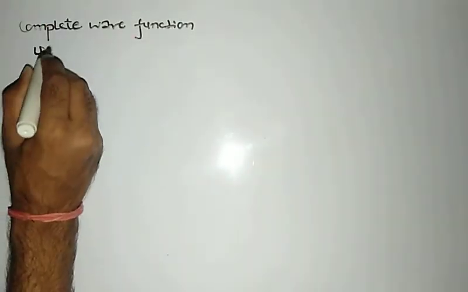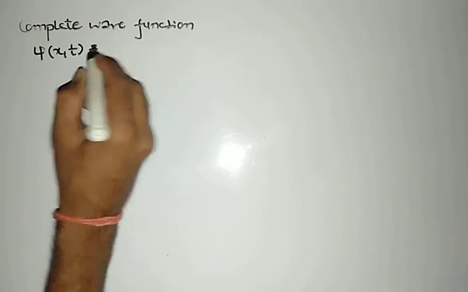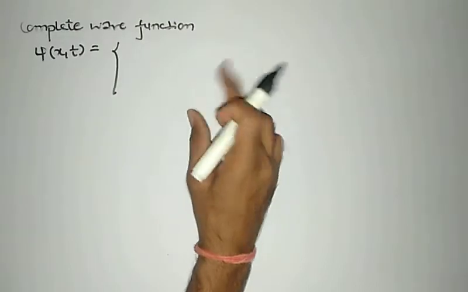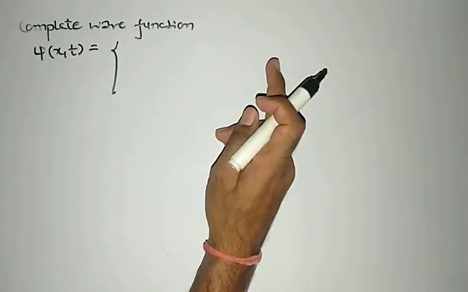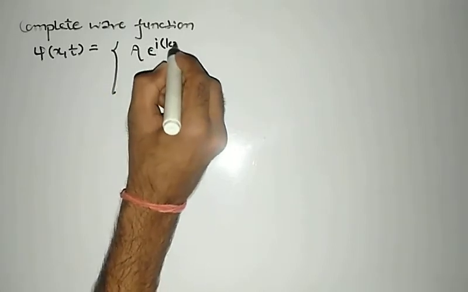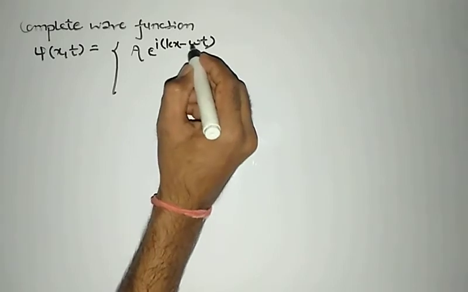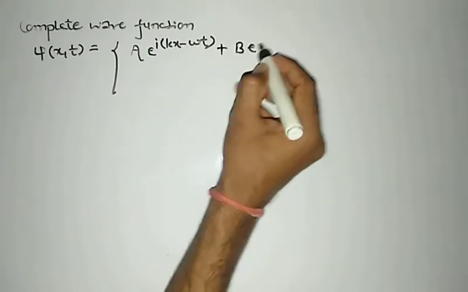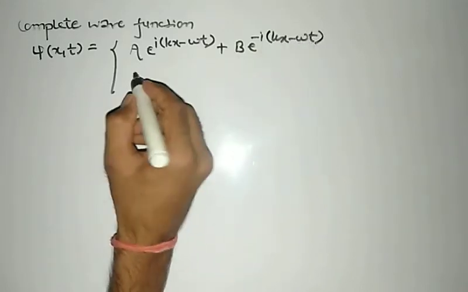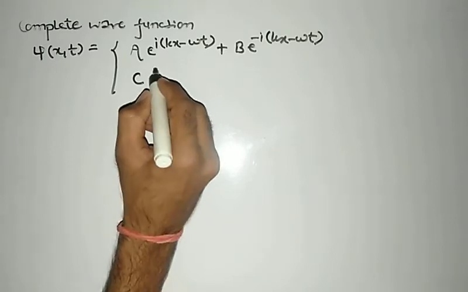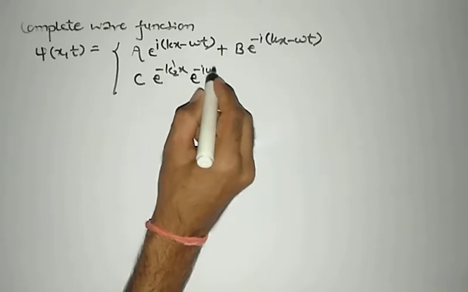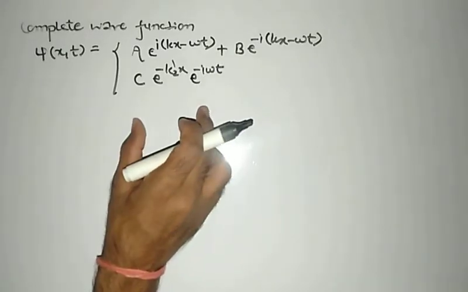For psi of x, t we write upper for psi 1 and lower for psi 2, multiplying by e to the power minus i omega t. So what will be the final? A e to the power i (kx minus omega t) plus b e to the power minus i (kx plus omega t), and for psi 2, c e to the power minus k2 dash x times e to the power minus i omega t. So this is the complete wave function.